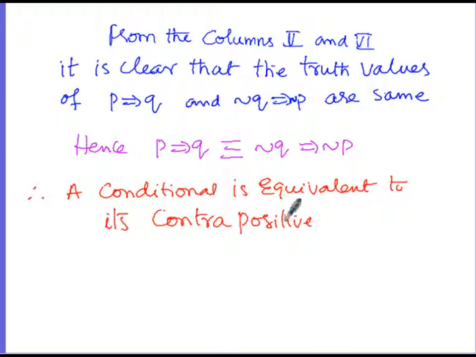Here the contrapositive of P implies Q is negation Q implies negation P. So in this manner we got P implies Q is identically equal to, or equivalent to, negation Q implies negation P.